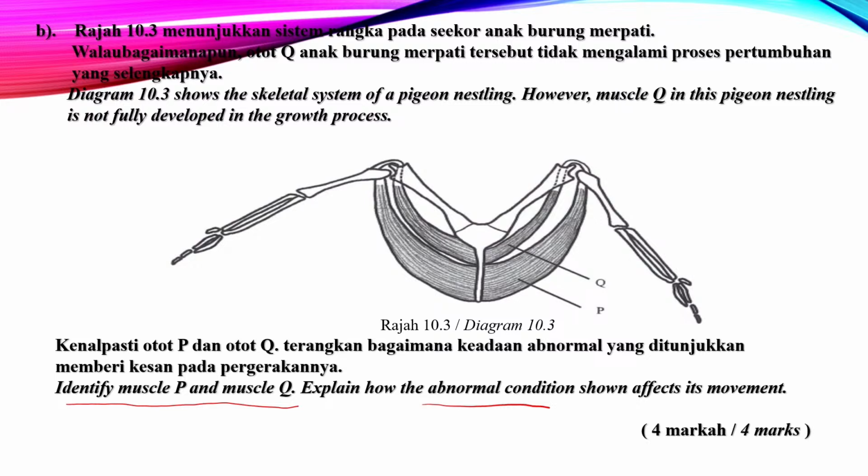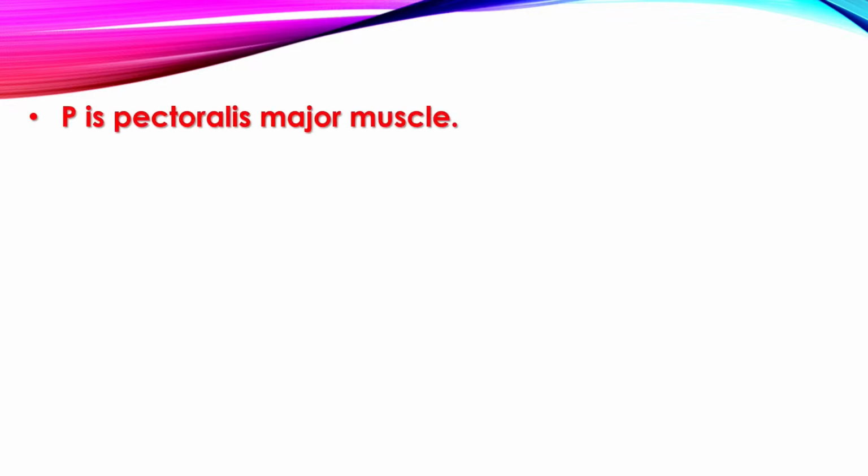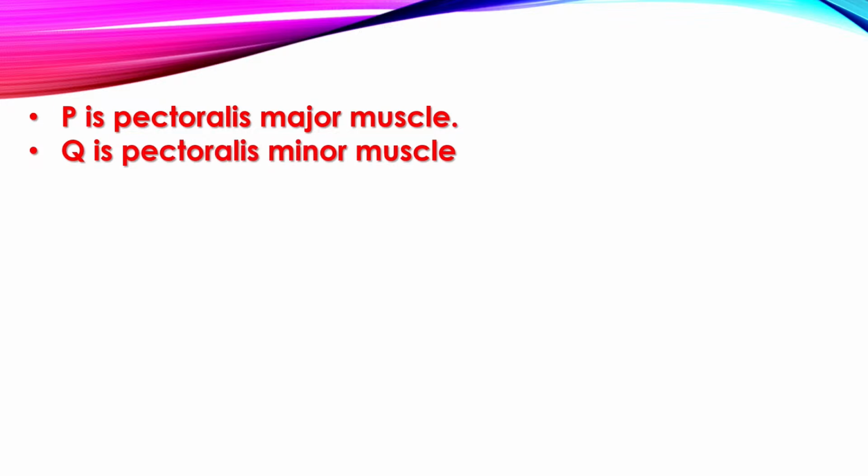Do check your answer with the sample answer. Okay, let's see the answer. Point 1. P is a pectoralis major muscle. Point 2. Q is a pectoralis minor muscle. So these 2 points already answer the first question.